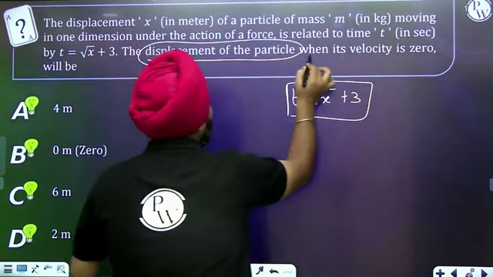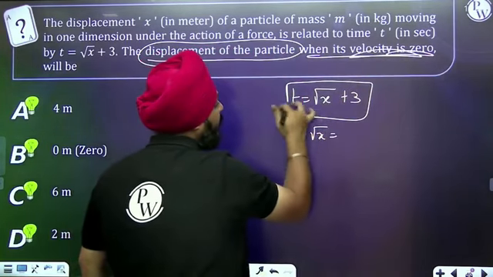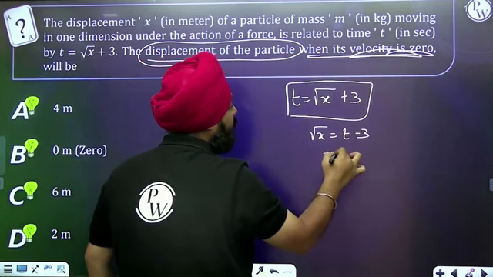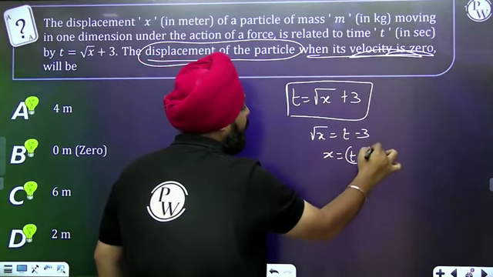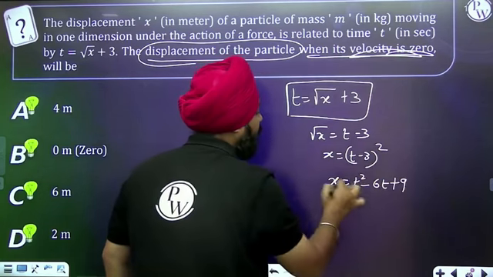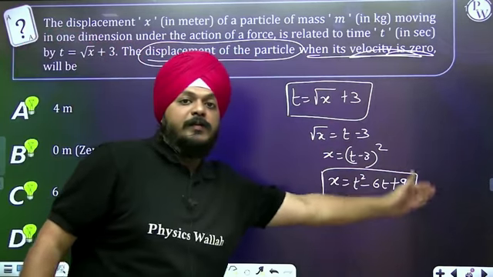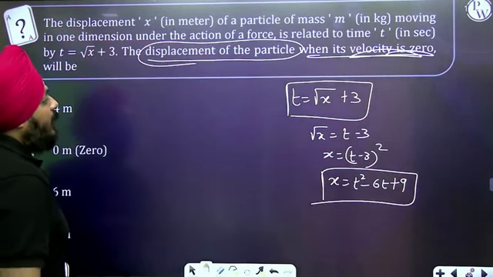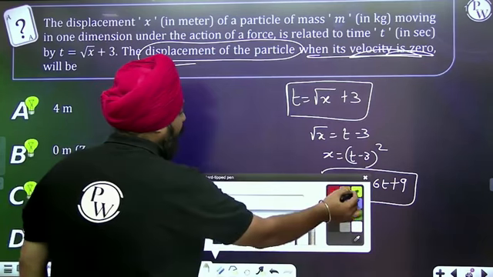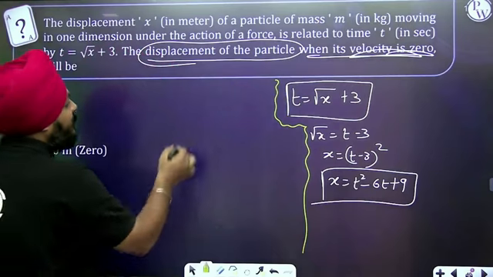First of all, let's obtain the equation by rearranging the terms. x we are going to get as t square minus 6t plus 9. This is a dependency of the position with respect to time. What we need to calculate? We need to calculate the displacement when velocity is zero.